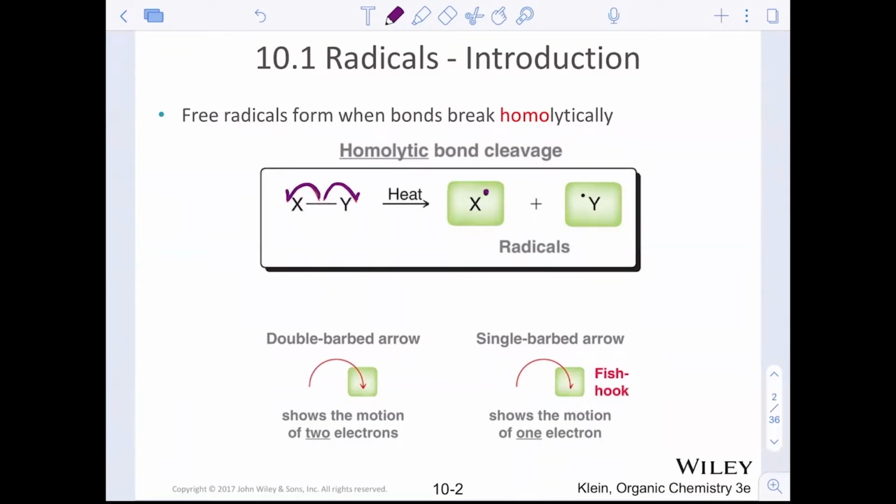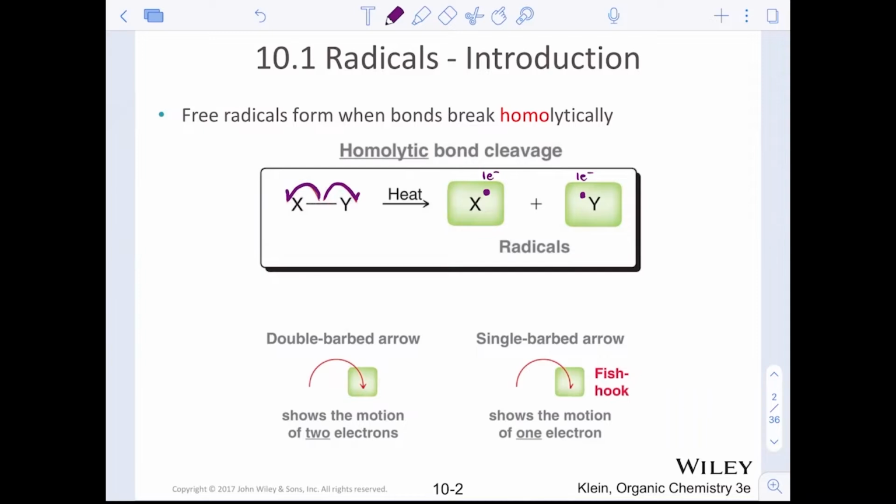And so what we got were these atoms with these dots on the side. If we remember our Lewis dot structures, that dot represents one electron by itself, one unpaired electron. That's what a radical is. It's an element that does not have a charge, but has an actual electron by itself in an orbital.